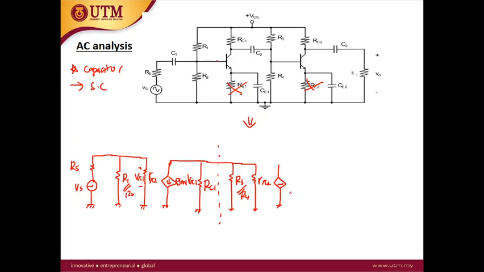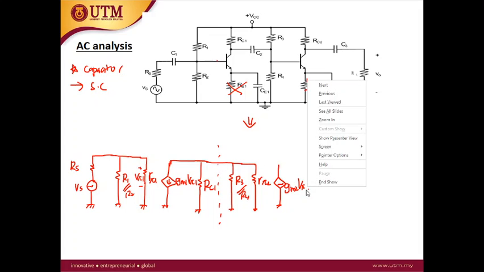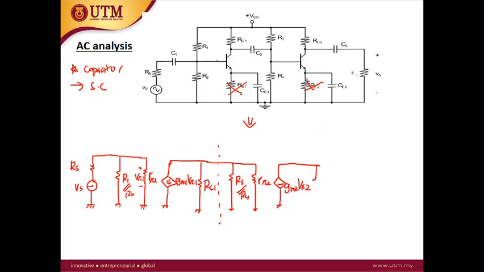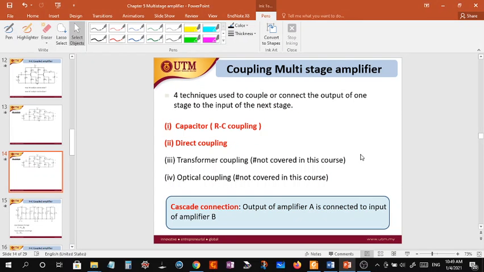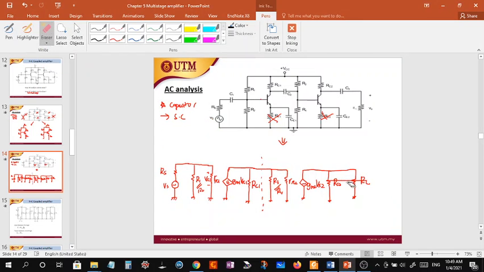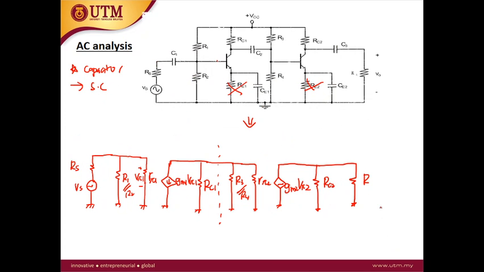So here this is gm2 V pi 2. This is your RC2, and then lastly it is connected to the RL. Okay, so this is stage 1 and this is your stage 2.